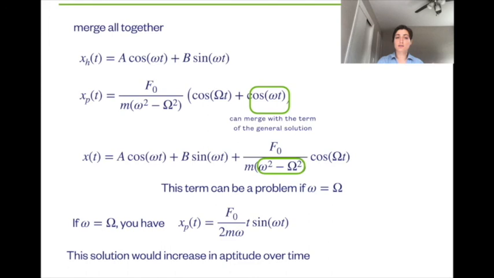What is the problem with a solution like that? Well, the first solution that we have when the two omegas were different is a sum of sines and cosines. So it's something that is oscillating over time, but always within given bounds. While this new solution is going to have an amplitude that keeps increasing over time because the sine is multiplied by the time itself.